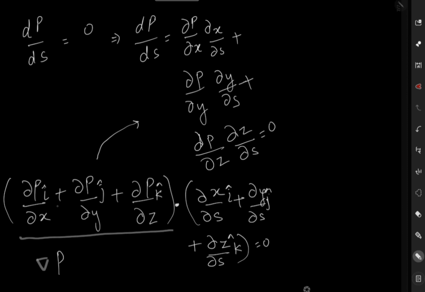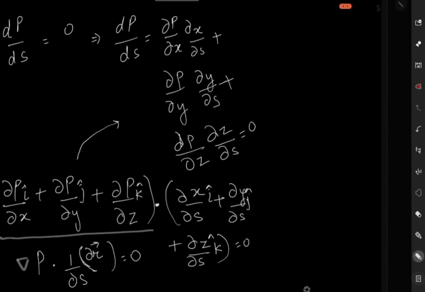This is del p, and we have seen the definition of gradient. And what is this? If we take ds, which is just a constant, outside, we remain with dx i cap plus dy j cap plus dz k cap, which is nothing but dr.